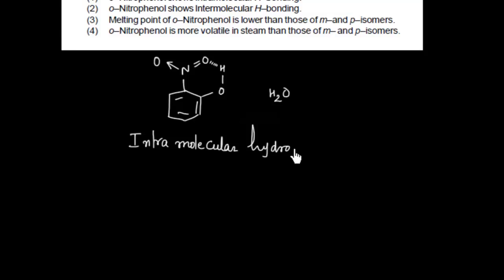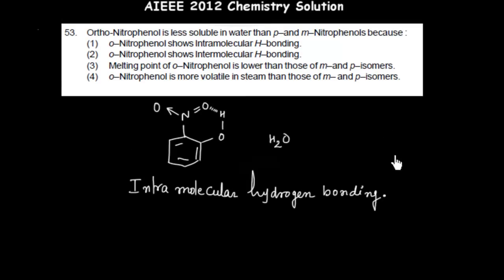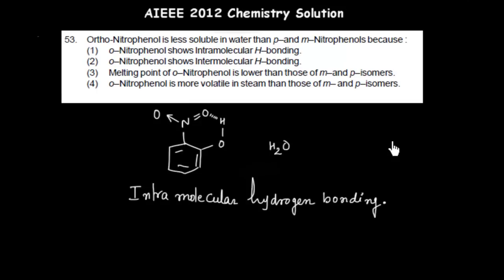So what is happening? Orthonitrophenol is satisfied with the intramolecular hydrogen bonding, so there is no reason it will form intermolecular hydrogen bonding. So in this case, option A is the correct option because it forms intramolecular hydrogen bonding.